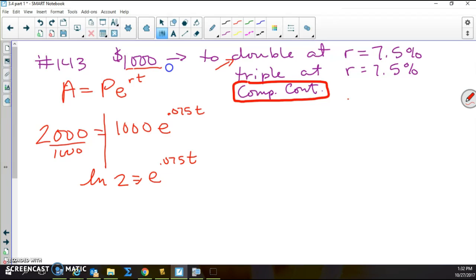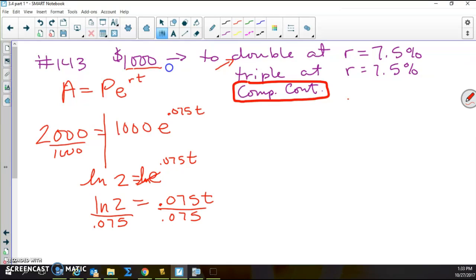You're right. We're going to take the natural log of both sides. Natural log of 2 is equal to, remember these are inverses of each other and they cancel, and we get 0.075 t.